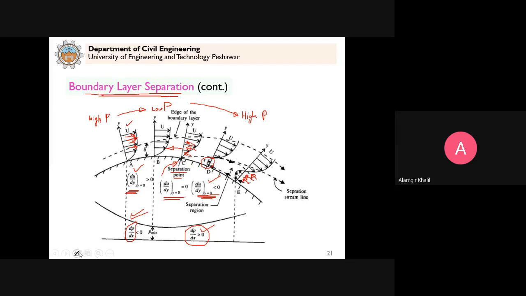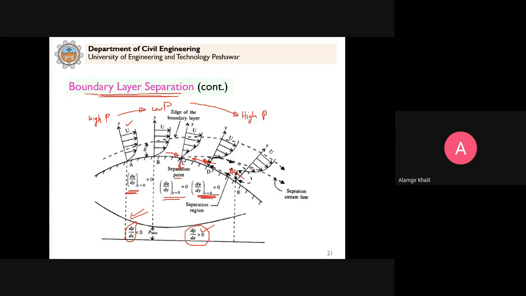Because of this, the velocity gradient is negative. So what will be the effect? It means the flow will occur in this direction. This flow is coming in this direction due to the adverse pressure gradient, and the other flow is occurring in this direction from B to C. When these two meet, the flow cannot come here.